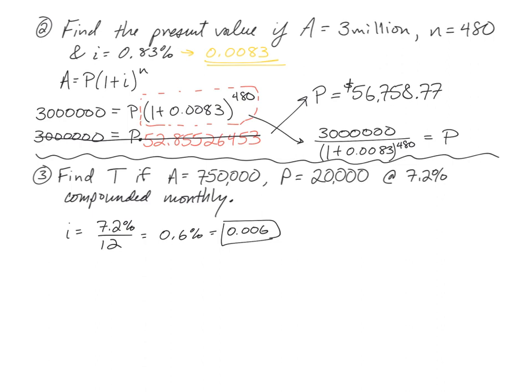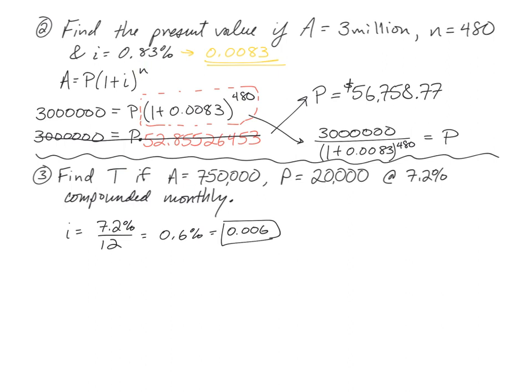N is the total number of compoundings, which is the number of compoundings per year, which is 12 in this case because we have monthly. But it's also multiplied by the number of years, which we don't know. So I'm just going to leave this as n for right now in our formula. We'll deal with t when we get to n.